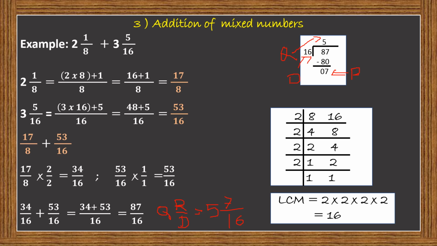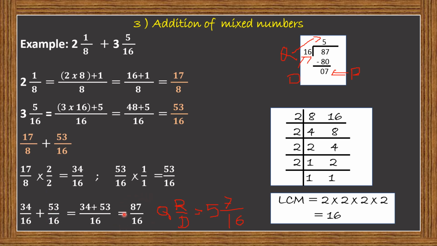This is how you have to calculate. You have to see when you are adding mixed numbers, unlike fractions or like fractions, you have to first observe the fractions, understand them, and then apply the methods. For mixed fractions, we have converted them into improper ones, that is 17 upon 8 plus 53 upon 16, and then again we have observed these fractions, they are unlike, so we have calculated the LCM and made the denominators same, and then we have added the fractions.